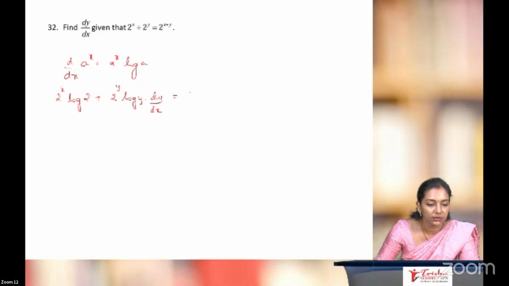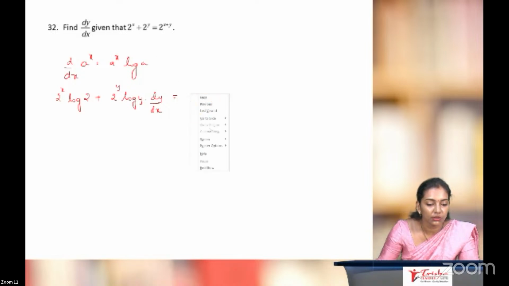Similarly, 2 to the power x will be 2 to the power x log 2, plus 2 to the power y log 2 into dy by dx, differentiation of y, equal to 2 to the power x plus y.